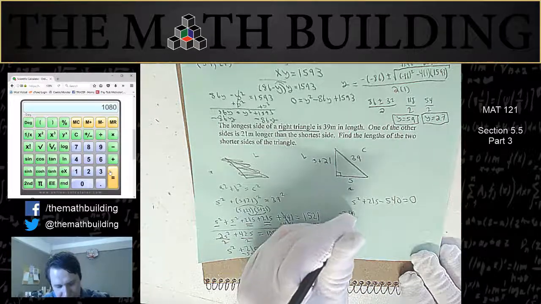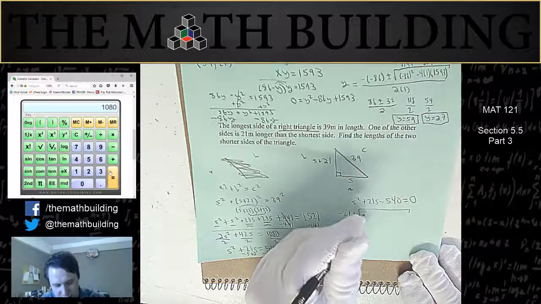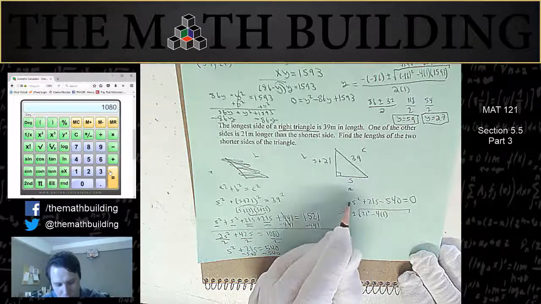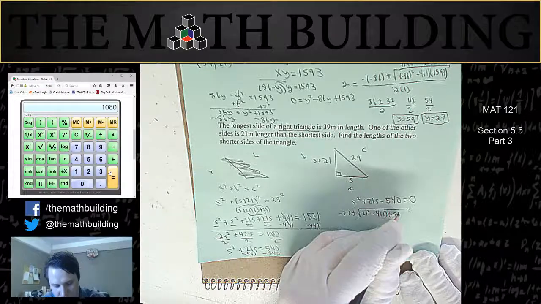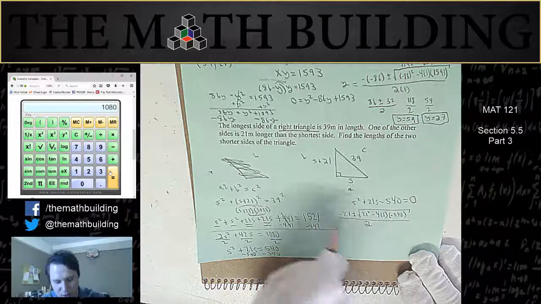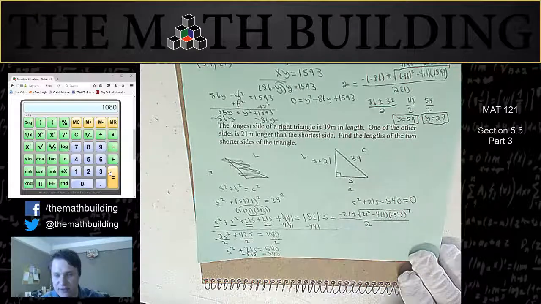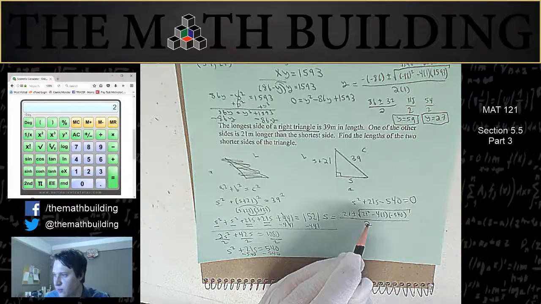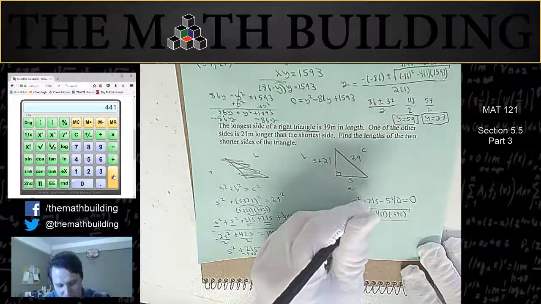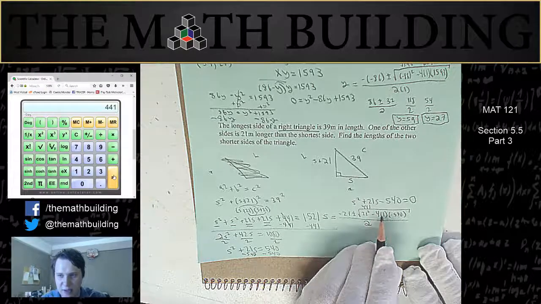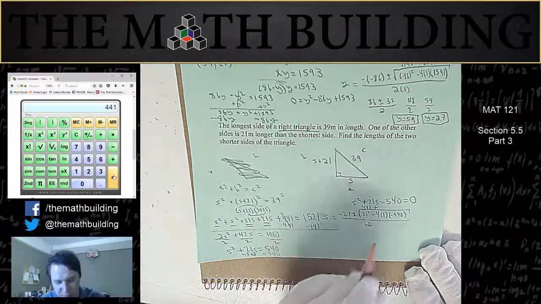Negative b plus or minus the square root of b squared minus 4 times a, which is 1, times c, which is negative 540, all over 2a, which equals 2. And those will give us the values for s. So let's do 21 times 21. That's equal to 441, which I'm going to write above. I have two negative signs, so negative times positive times negative turns into a plus.